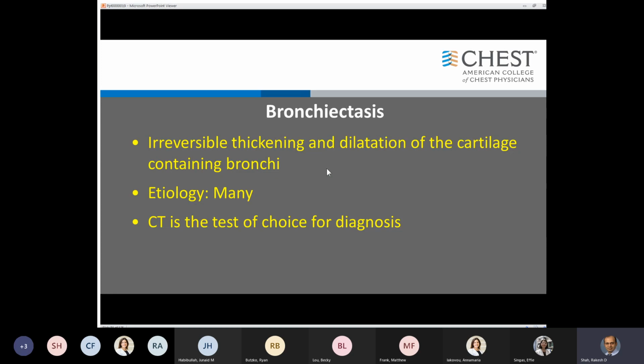It's important to note that when you read a CT scan and the patient has active infection and you can see opacities and the airways are dilated, that we refrain from using the word bronchiectasis. Bronchiectasis is irreversible thickening and dilatation.